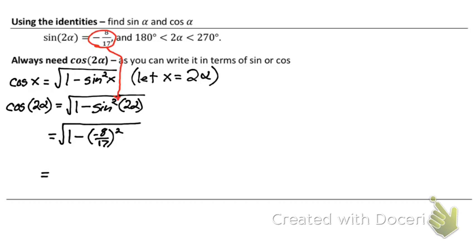this is going to equal, I guess we'll just do the whole thing, plus or minus the square root. You're going to have 64 over 289, which means you're going to change your 1 to 289 divided by 289.